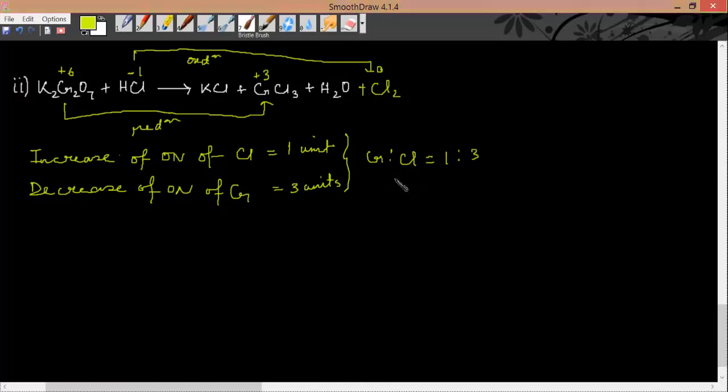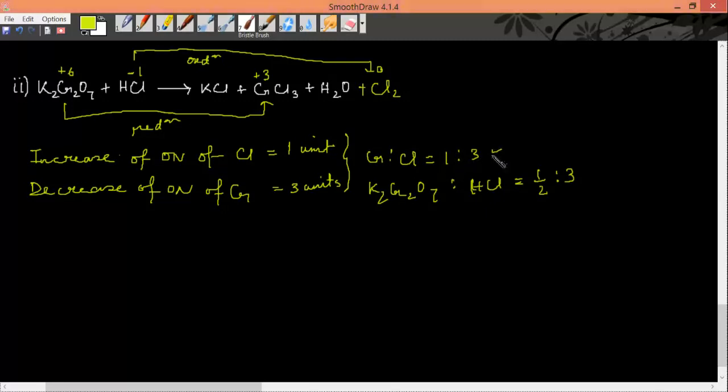Okay, then from this calculate the ratio of reactants, which is K2Cr2O7 to HCl. This comes out to be half to 3, because we have 2 chromium here and we need to keep the main ratio constant.